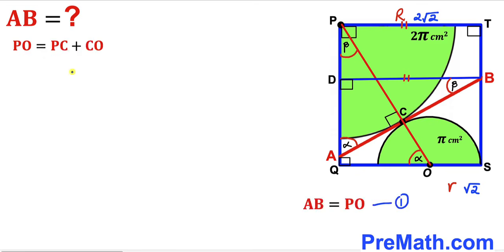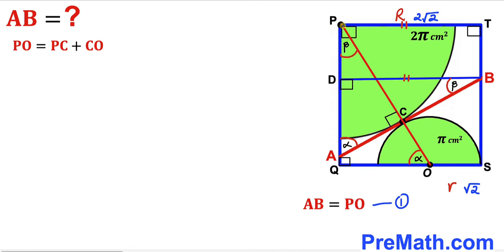And now let's make an observation. We can see that this PO length is equal to segment PC plus segment CO. As you can see over here, this whole PO length is going to be equal to this PC length and this CO length.